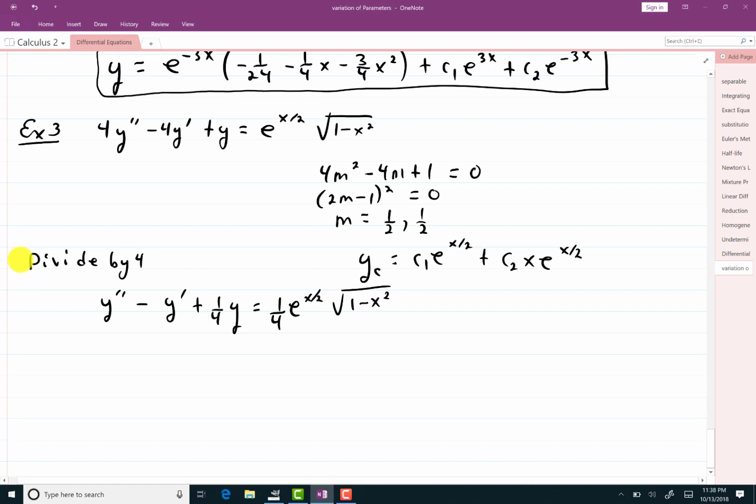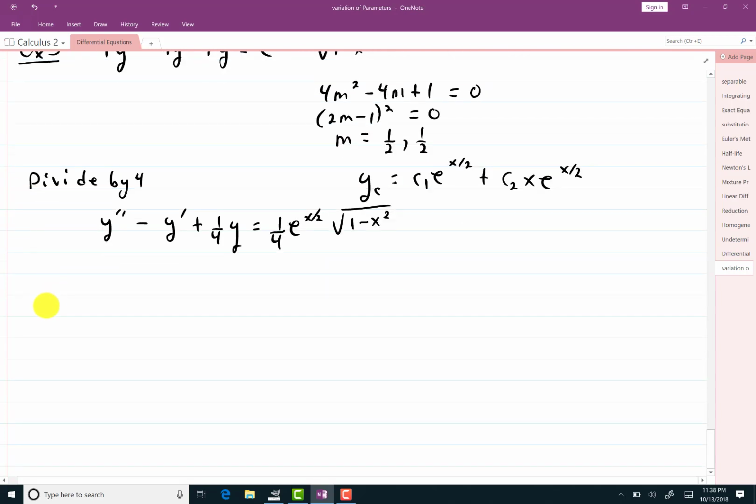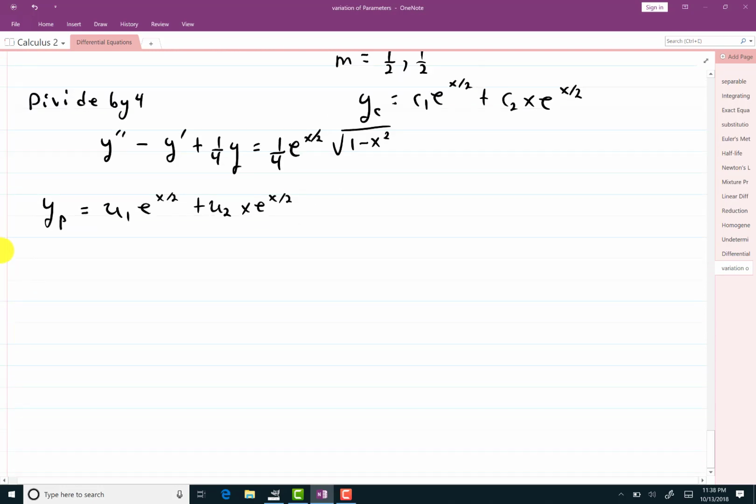Now I'm ready to form my solution. y sub p will equal u1, and my y1 was e to the x over 2. My u2, my y2 was x e to the x over 2. And then what we need is u1 prime e to the x over 2 plus u2 prime x e to the x over 2 to equal 0.